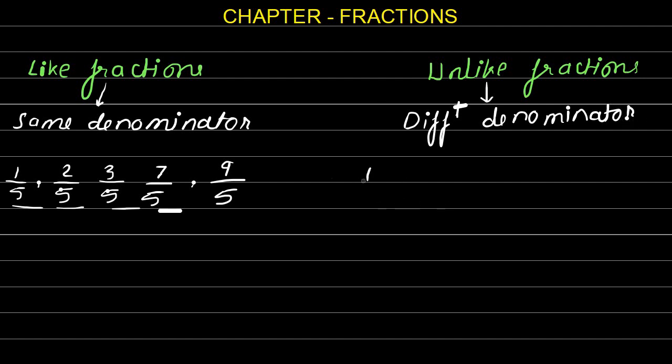For example, we can take 1 by 2, 1 by 3, 4 by 5, then 6 by 4. It can be anything. You can see in all these places their denominators are different, so they are called unlike fractions. Yes, a very simple topic. Like fractions are fractions whose denominators are the same, and unlike fractions are fractions whose denominators are different.